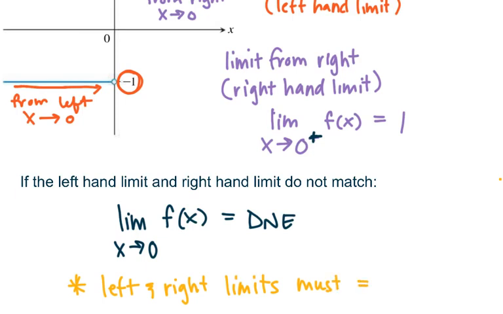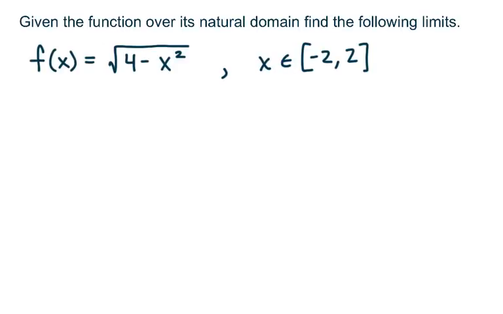If they're not equal, then we end up with a limit that doesn't exist. So let's look at an example where we determine left and right hand limits. Here, given the function over its natural domain, we're going to find several limits. The function is f of x equals the square root of 4 minus x squared, and the natural domain is x between -2 and +2.